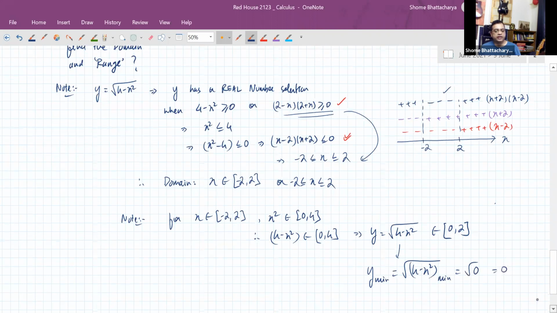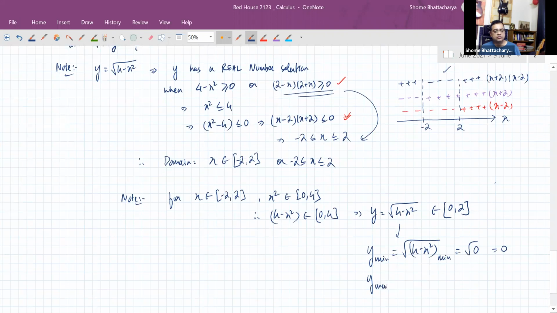And y's maximum value will be square root of 4 minus x square's maximum value, that is square root of 4, which is not plus minus 2. Okay, you must be sure about this. Just 2.